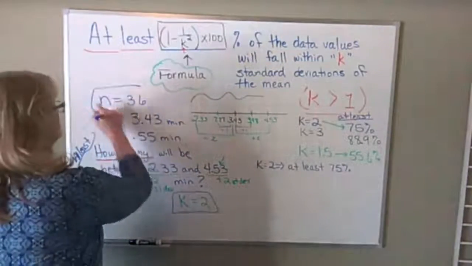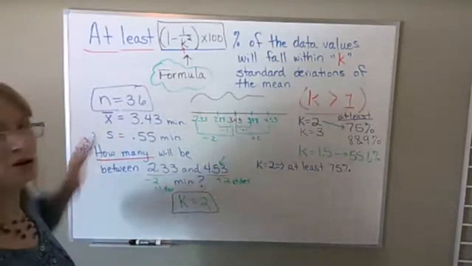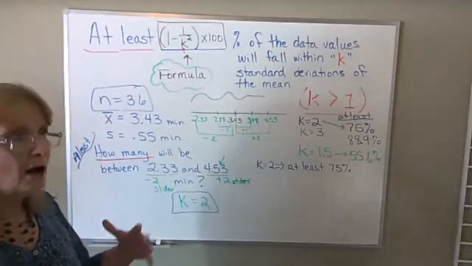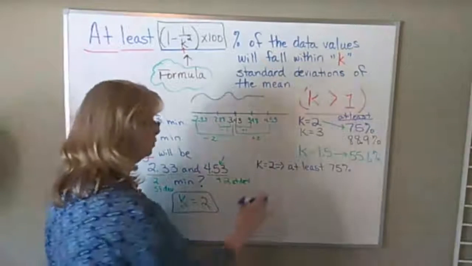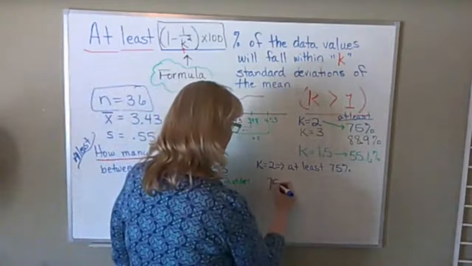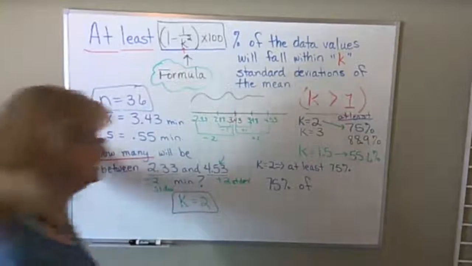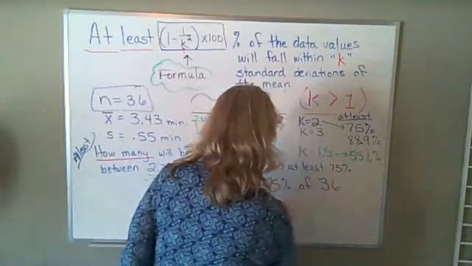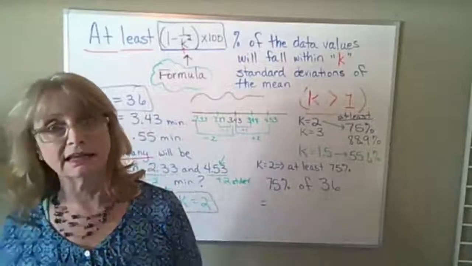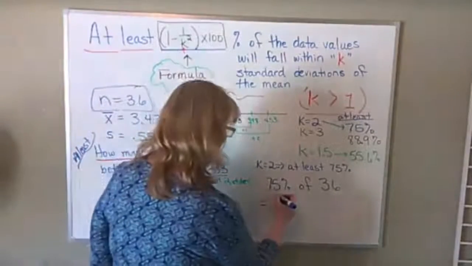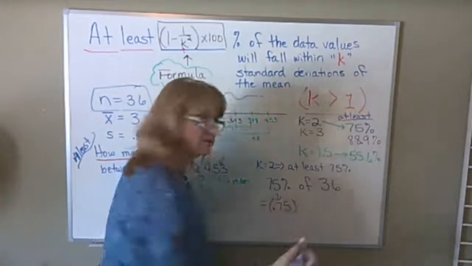We'll go back to the top. That's where this sample size comes in. They told you in this sample, 36 eruptions that they timed total. So what we're going to look for is 75% of that sample size of 36. The math you do to find a percentage of something, and this is a very important thing in statistics, is you first write the percent as a decimal, so that's 0.75.